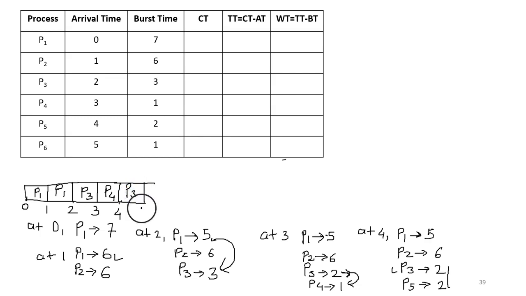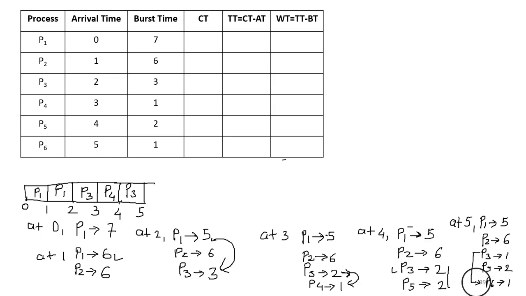for unit 1. Means at 5 there is process P1 requires 5 to complete, process P2 requires 6 to complete, process P3, which is running process, requires 1 unit to complete, process P5 requires 2 units to complete, and new process, that is P6, requires 1 unit to complete.